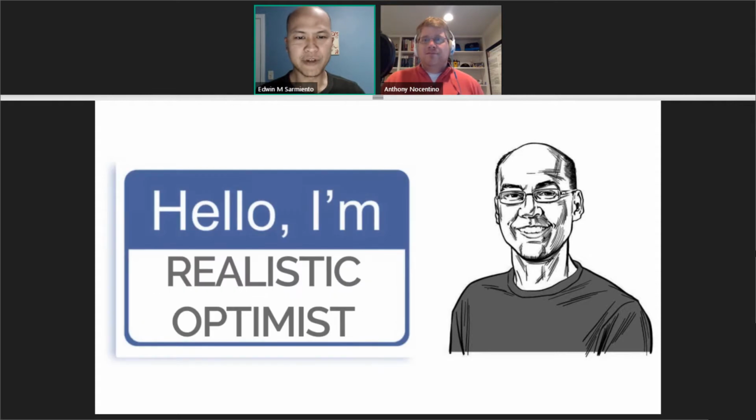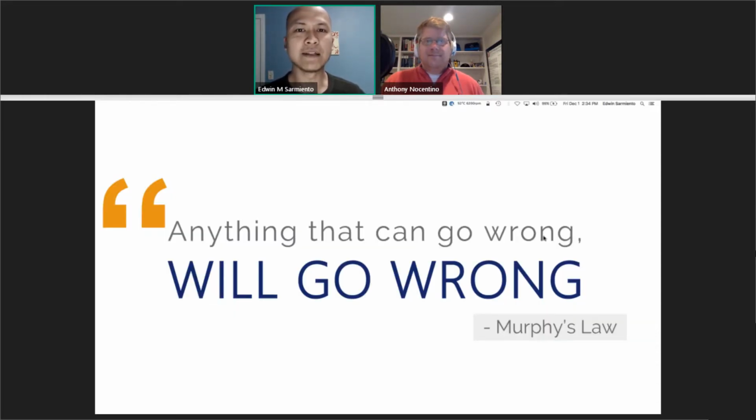Let me be perfectly honest. I am realistic. I'm a realistic optimist, and I like using Murphy's Law when I deal with high availability solutions, that anything can go wrong. Anything that can go wrong will go wrong. I'm just realistic about being an optimist.